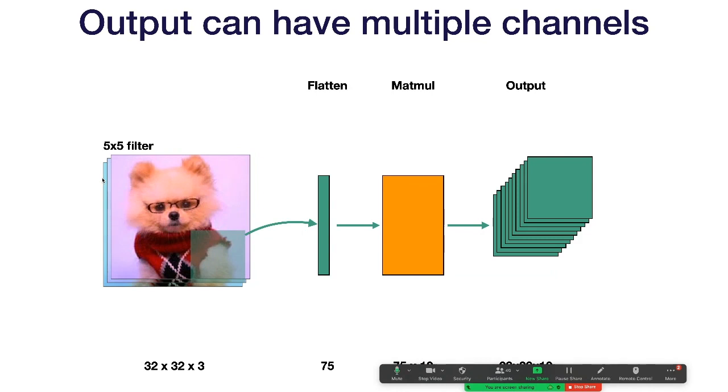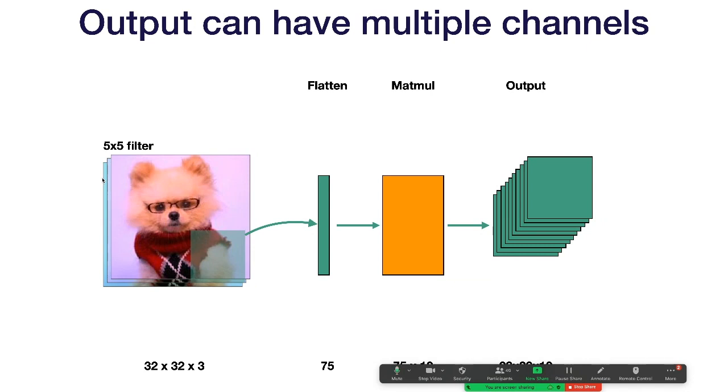The input is not the only thing that can have multiple channels. The output can have multiple channels too. The way to think about that is that when we described the basic convolution operator, we described it as a dot product, right? So you have this 5x5 by 3 patch of the image that is turned into a 75-dimensional vector, and then you take the dot product between that and another 75-dimensional vector to produce a single channel in the output. But instead of taking a dot product, you can instead have some number of convolutional filters that you learn independently of one another.